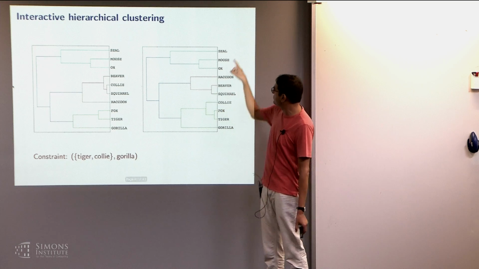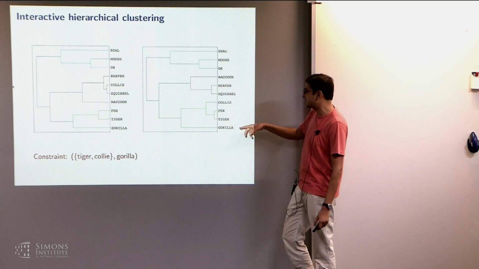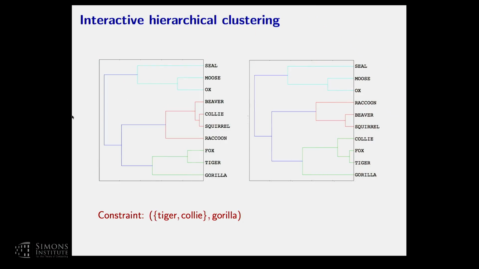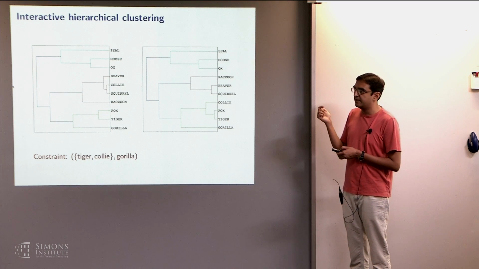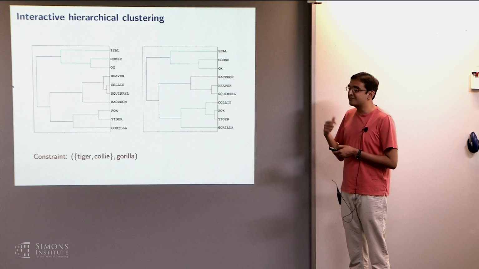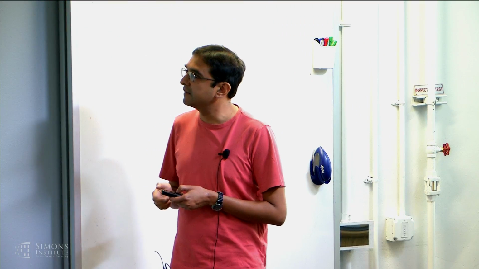So you throw in the constraint, and then you get a modified tree that satisfies that constraint. Now tiger and collie are together over here, and gorilla is apart from them. You do this a few times, and you get the right tree. I think this is a very useful way of improving hierarchical clustering.